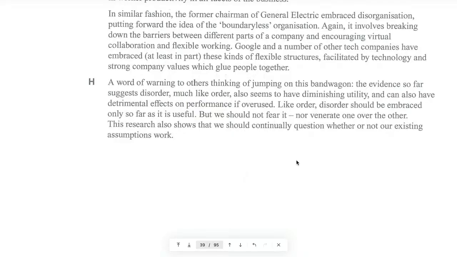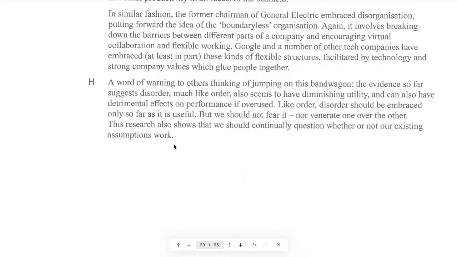Point number 2 from the bottom. This research also showed that we should continually question whether or not our existing assumptions work.